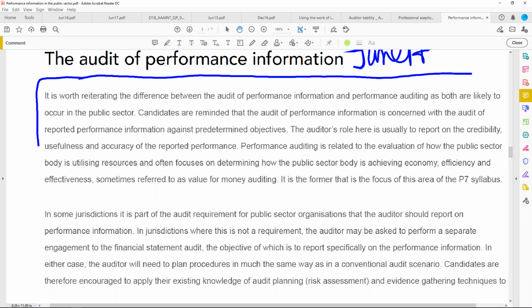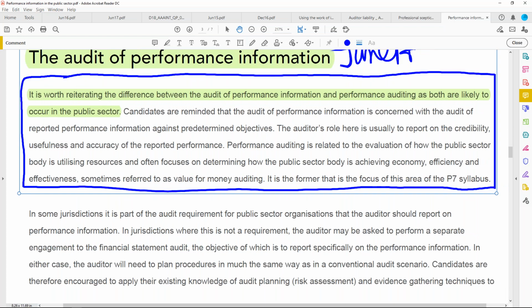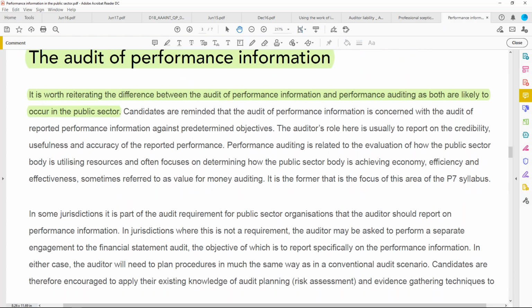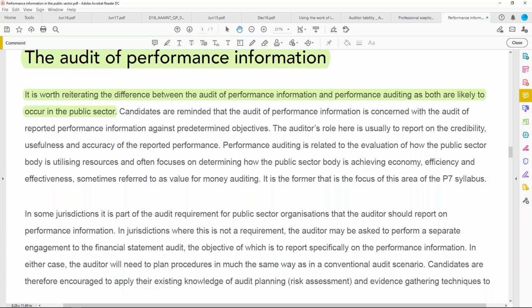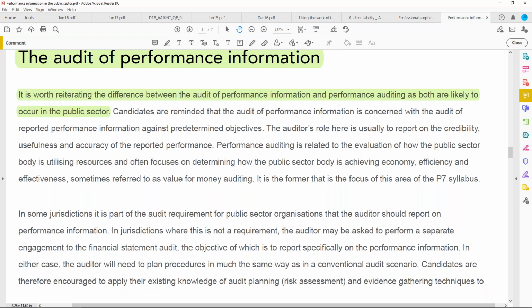This is right here that the examiner tells you what is audit of performance information. The para 1, which I have highlighted in green, is the most worthy paragraph. And the examiner tells you in this paragraph what is basically an audit of performance information, right? So if I can just pick that definition out.